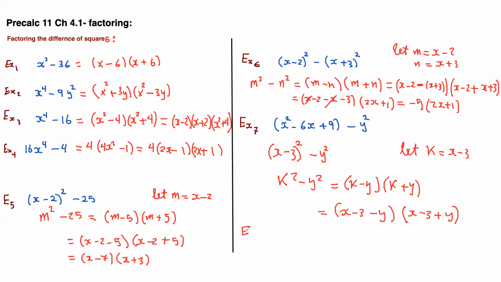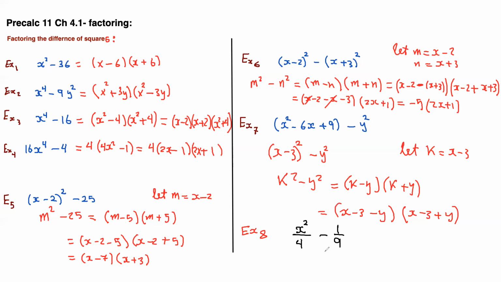One more example. I'm going to do example 8 for some of the students who fear fractions. So let's say you have x squared over 4 minus 1/9. This is a binomial where everything is a perfect square.